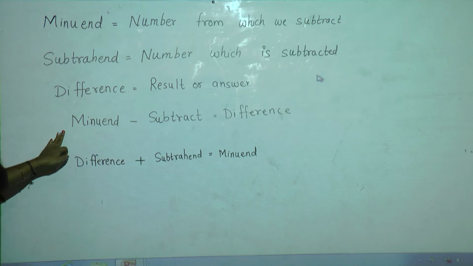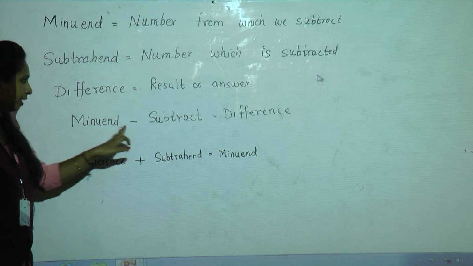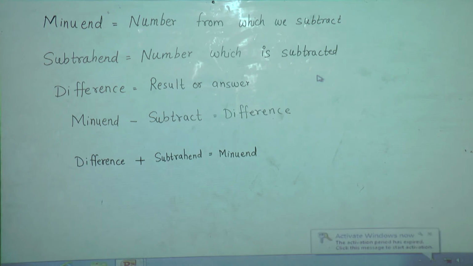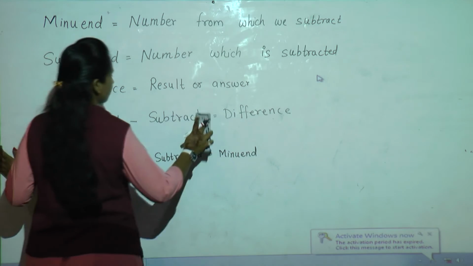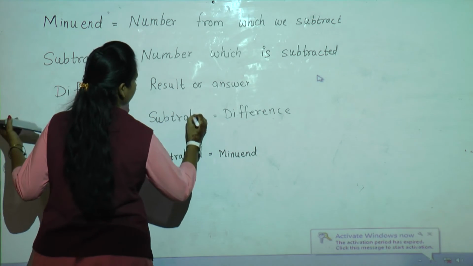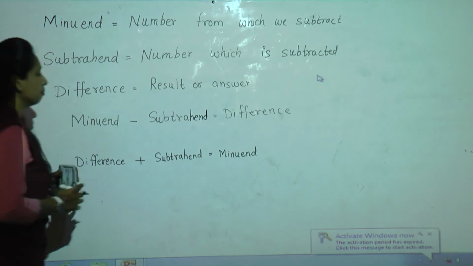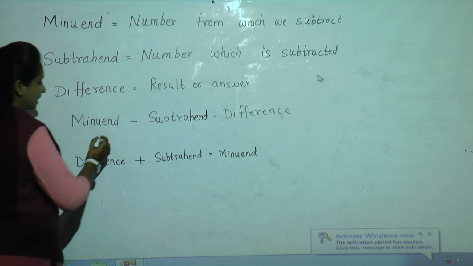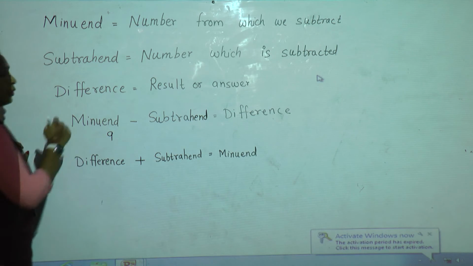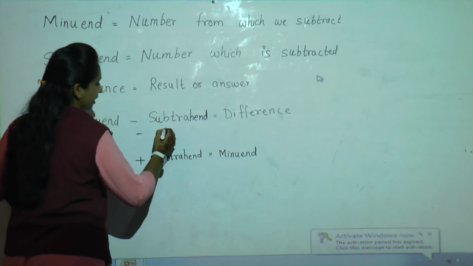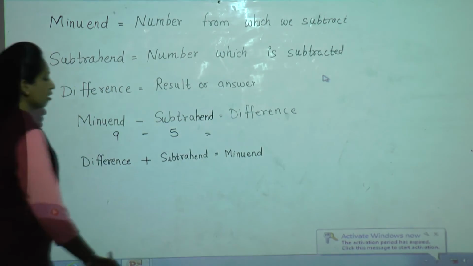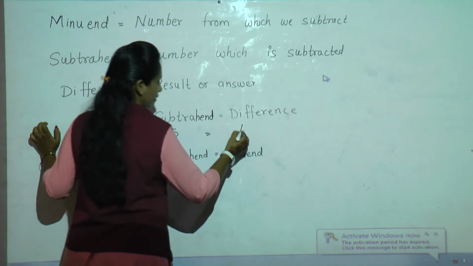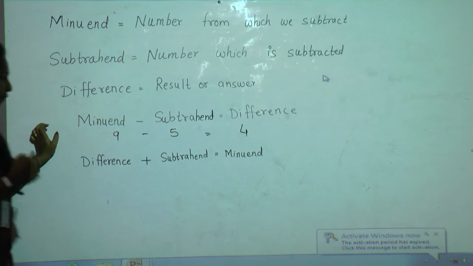So what they want to say here: minuend minus subtrahend is equal to difference. For example, minuend is 9, subtrahend is 5. Now tell me, 9 minus 5 is 4. So the difference is 4.